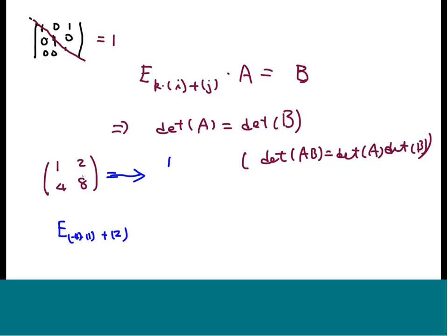Then you get 1, 2, then 0, 0. So if this is A and this is B, then E times A equals B. Right? Row operation.